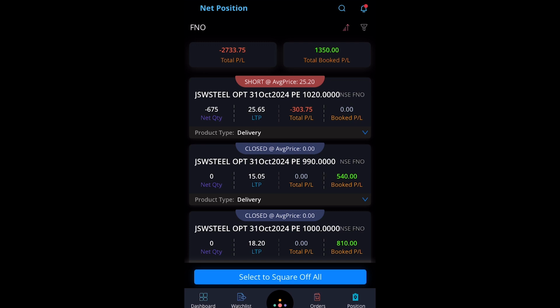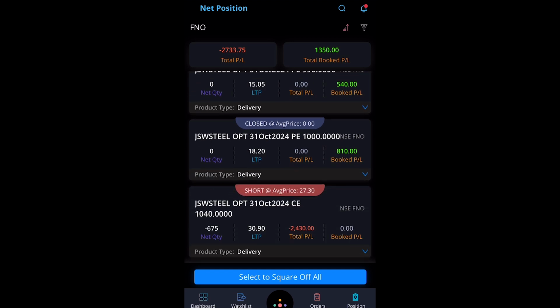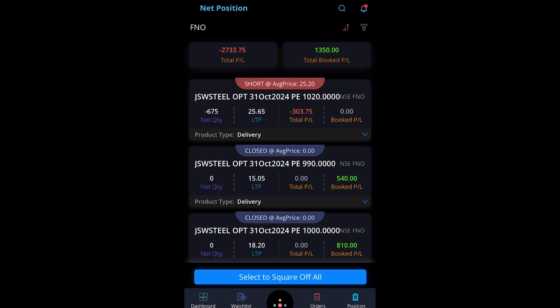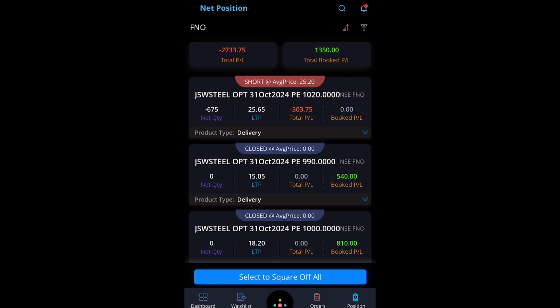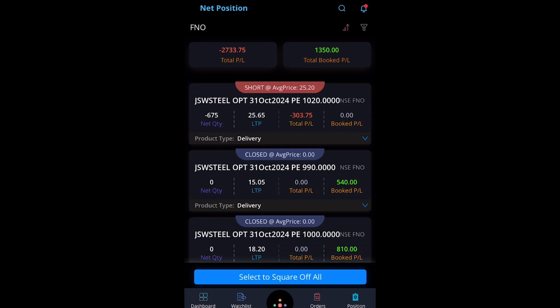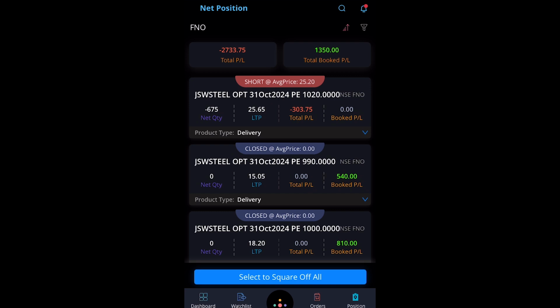Again, I sold a put of 1020. So I moved away from the 990 put I sold, then I came closer to the 1020 put because my loss started to become big, right? Now I'm on the selling side, so I can hold both of these.